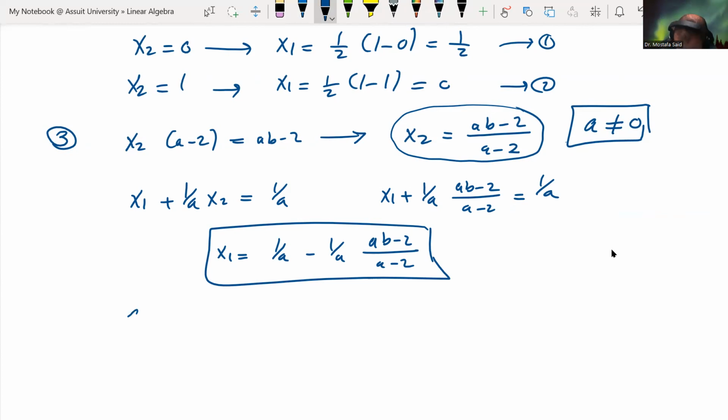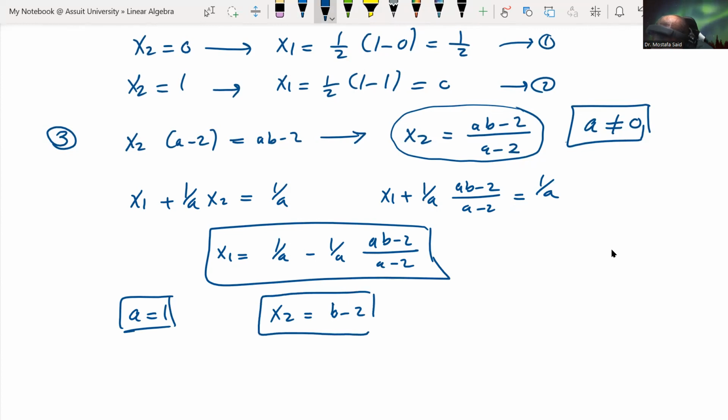Let's assume a equals 1, for example. We don't know a, of course. In that case, x2 will be ab minus 2, so b minus 2. Oh, I'm sorry. If a equals 1, x2 will be minus b plus 2.